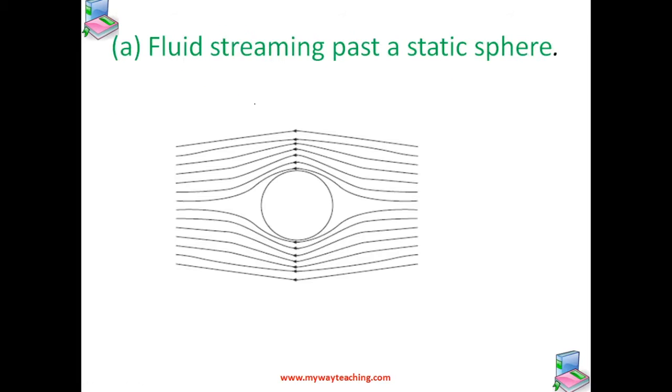Consider the first case, fluid streaming past a static sphere, which means a ball moving without spin.